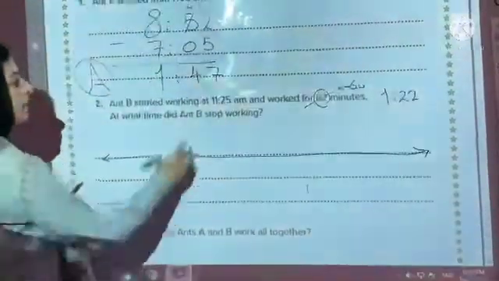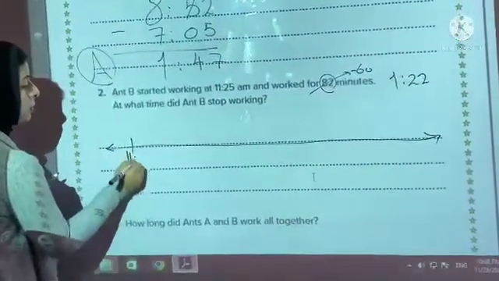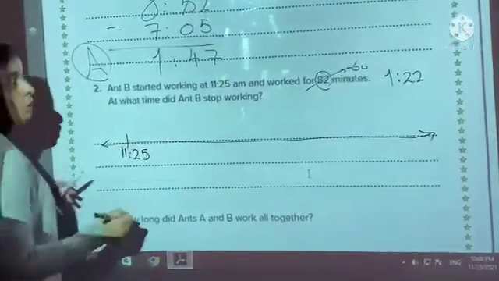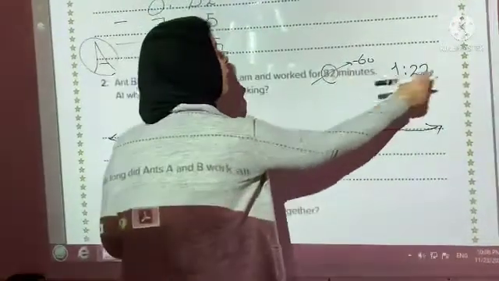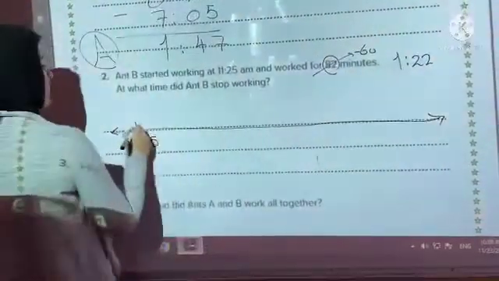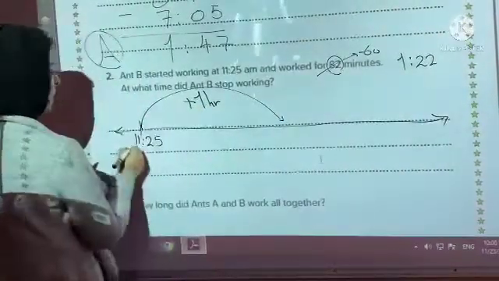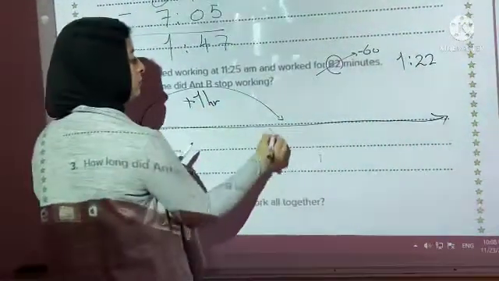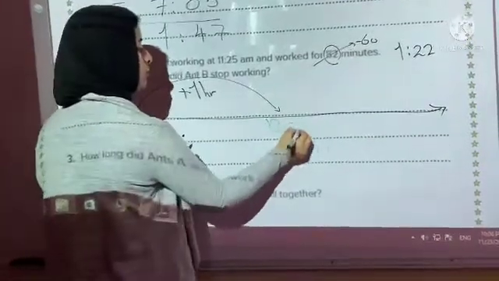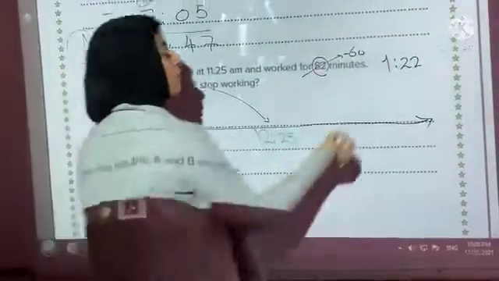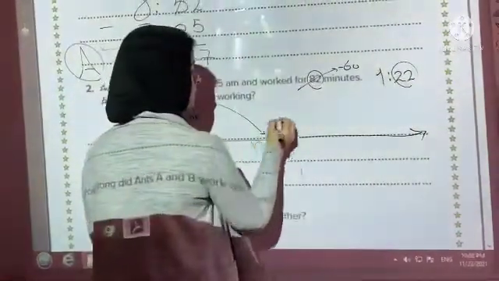So Ant B starts at 11:25. So she worked for 1 hour and 22 minutes. First, I'm gonna add 1 hour. When I add 1 hour to 11, it will be 12:25. Then I'm gonna add the minutes.